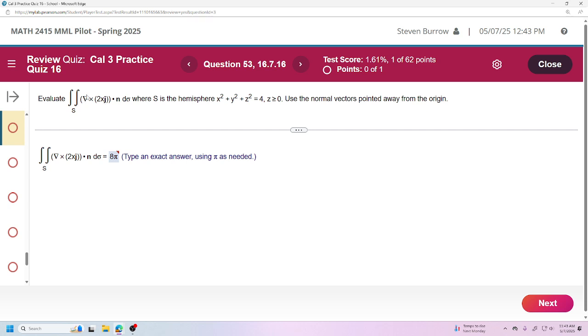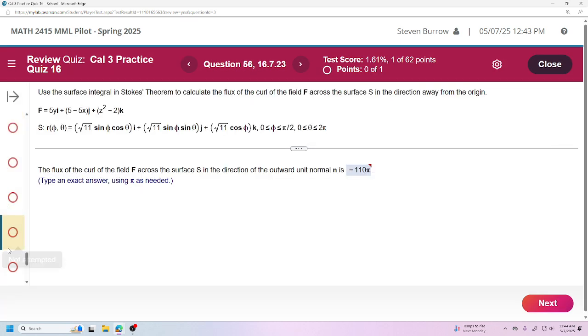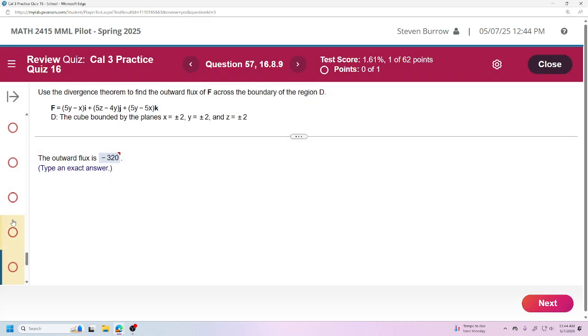Well, it's just a grad operator. Yeah, this is the same thing. You got it. This is Stokes because of this chunk right here. And because it's a hemisphere and all the normal vectors point away from the origin, there's a special thing that I did for that. I can't remember, but I definitely have that in the video and notes that I posted.